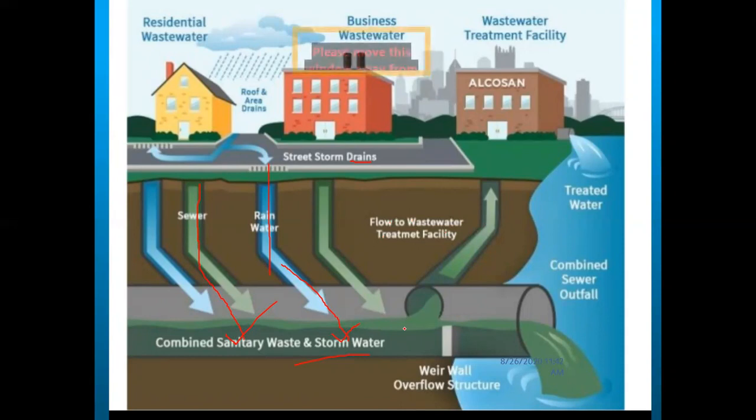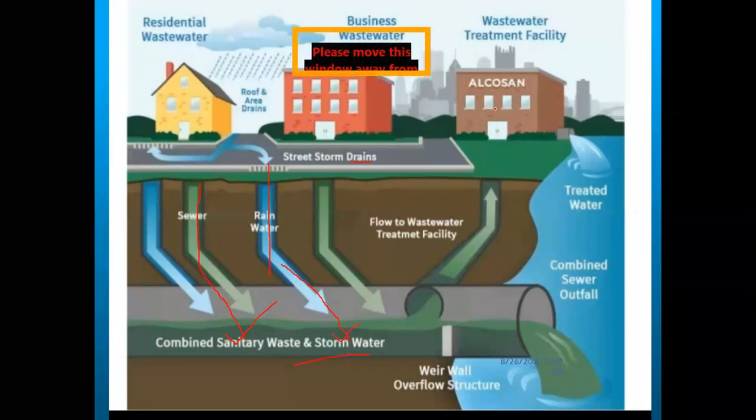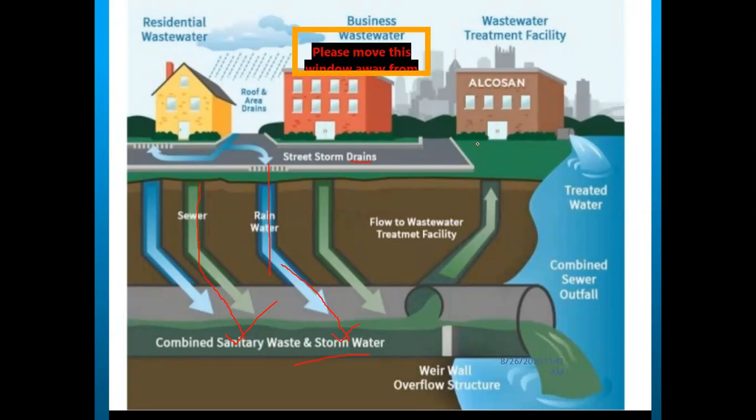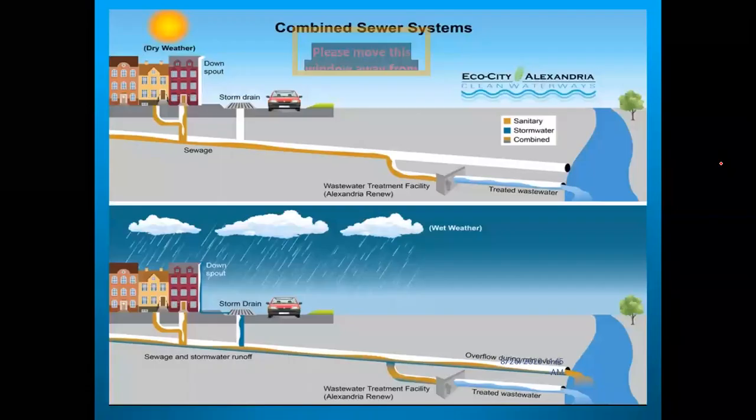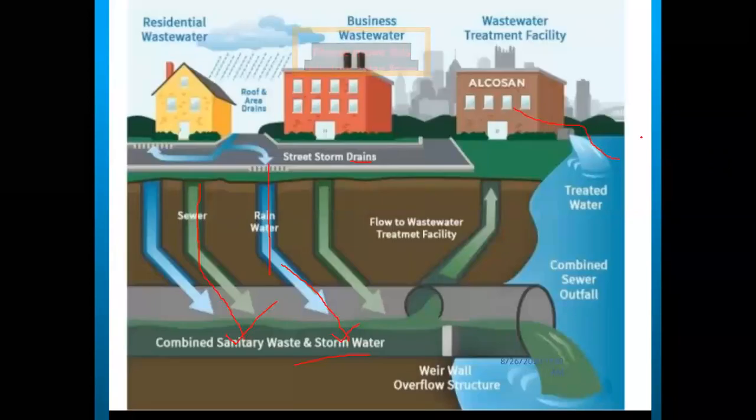Through the pumps, the combined water is taken to the wastewater treatment plant and treated at this point. Whenever the water is treated, it passes into the open areas where the combined sewer outfall takes place. So this is a layout.